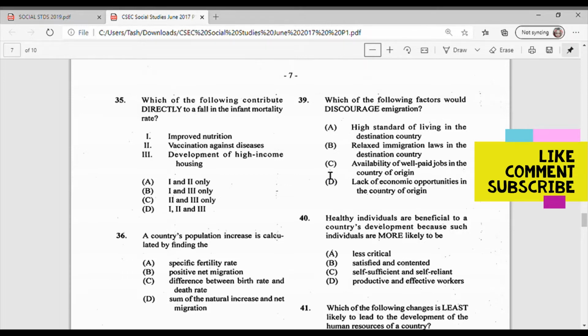No. Availability of well-paid jobs in the country of origin, or lack of economic opportunities in the country of origin. So the one that would discourage emigration, or the one that would make you want to stay in your own country, is the availability of well-paid jobs in the country of origin. So your answer for number 39 would have been letter C.